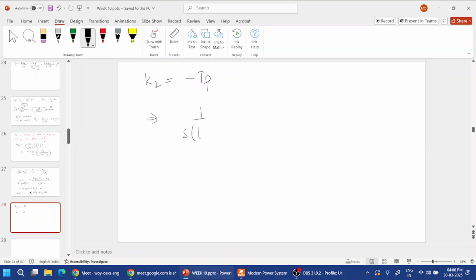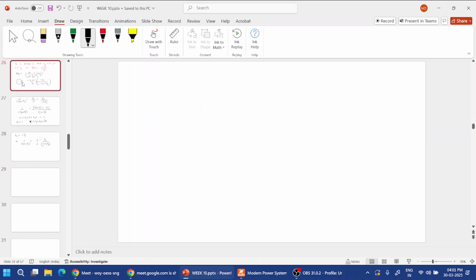1 upon s(1 plus sTp) is equal to 1 upon s minus Tp upon 1 plus sTp, because in the end we have to calculate the inverse transform also. That's why we are going over this. So if we put these values in this del F(s), what will we get here?